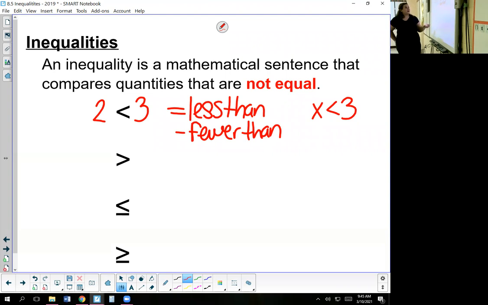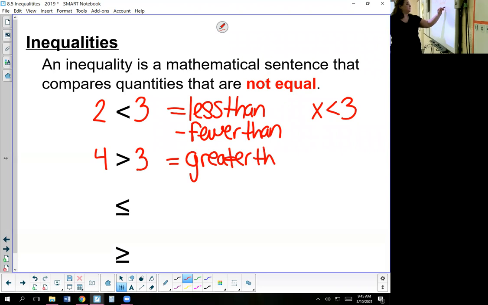Same thing here. If I flip this around, let's say I have 4 is greater than 3, right? 4 is greater than 3. So we say this as greater than, or more than.